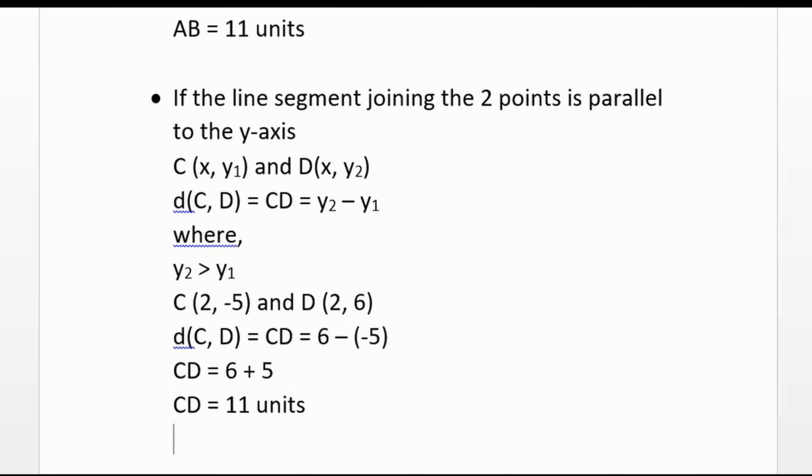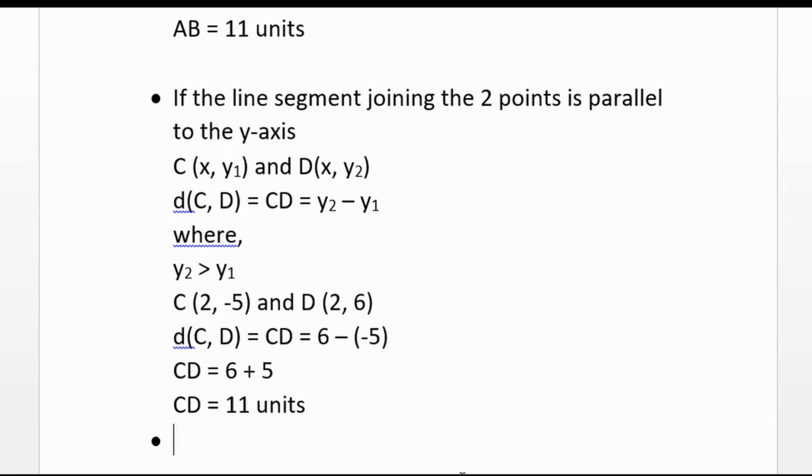Now, there can be cases where the line segment joining the 2 points may not be parallel to either of the axes, or those points may not be lying on either of the axes. So in such cases, we have a formula called the distance formula, which needs to be used.